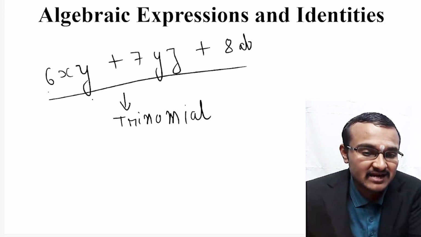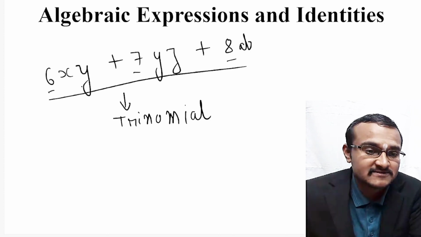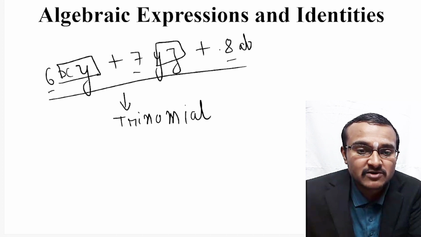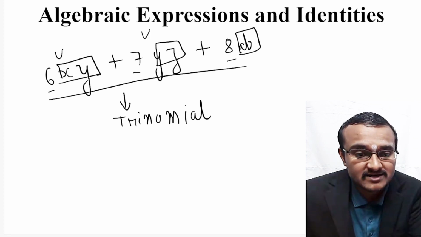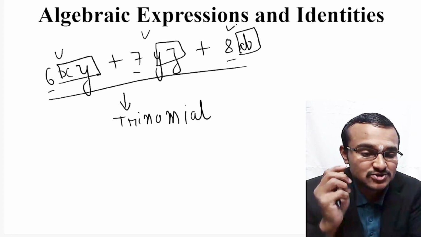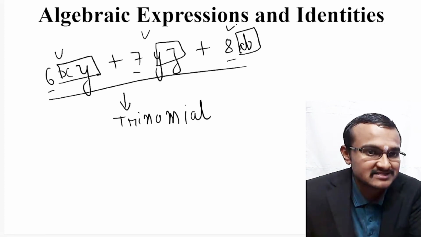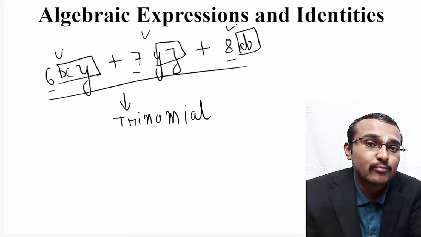That means no particular number has the same variables. All variables are different. Here xy is different from yz, and yz is different from ab. That means all these terms have different variables in them. So this shows that this expression is a trinomial, or in general you can call it a polynomial.